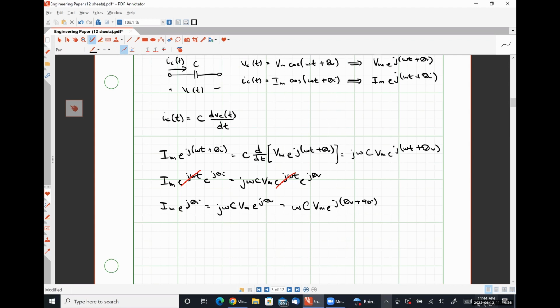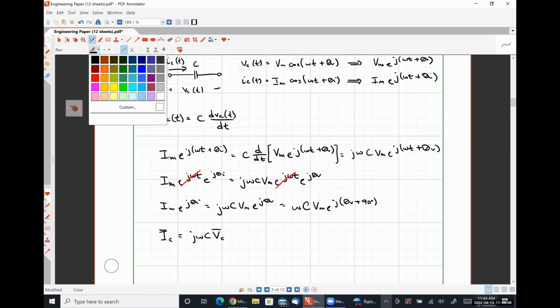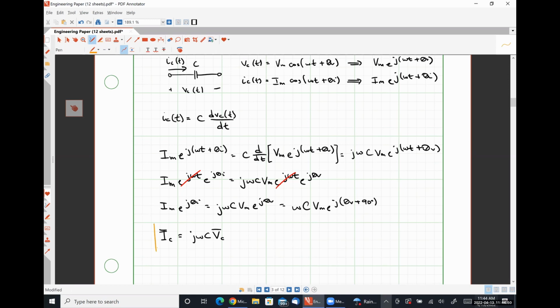So on the left-hand side, we simply have our phasor current Ic, and this is equal to j omega C times our phasor voltage Vc.